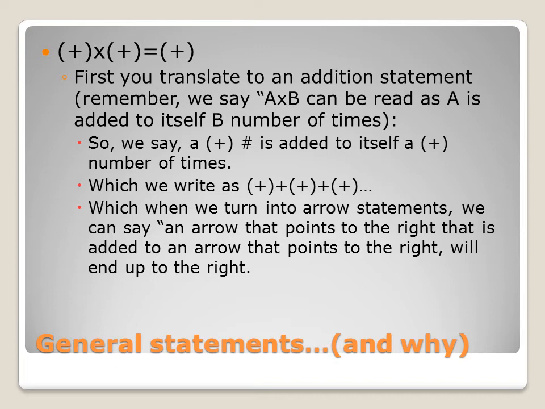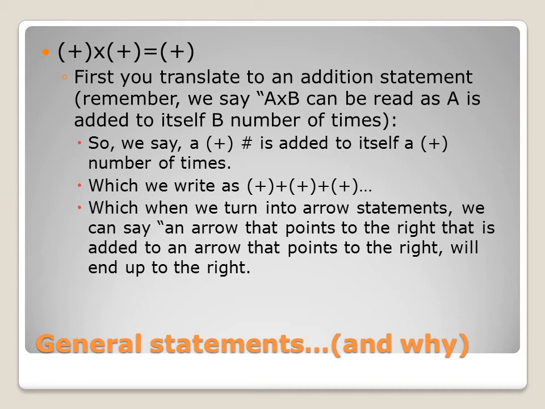Okay, so there's addition and subtraction. Now let's do multiplication. The easiest one is a positive times a positive equals a positive. First, you translate it to an addition statement, and we'd use the rule which says A times B can be read as A is added to itself, B number of times.